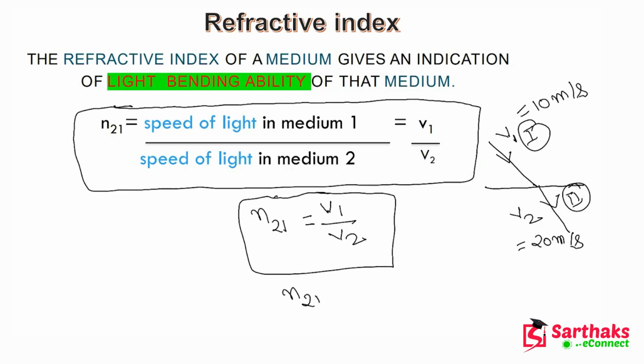You would simply write n21, and the velocity v1 is 10 and the velocity v2 of light in medium second is 20, and the answer is 1 upon 2. Okay. Now, after understanding this concept, let's move on to the next slide.